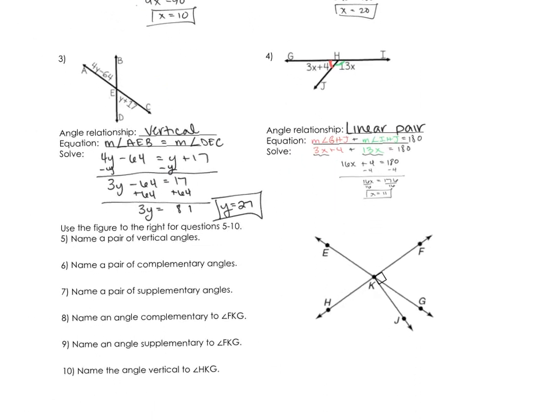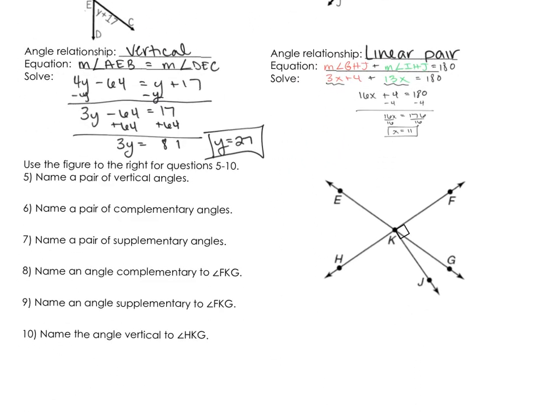Okay, and this last chunk of problems on here, you are using this diagram right over here that looks pretty complicated. It's got a lot of angles happening. So you are going to name some different angle relationships. So this part I want to go over together the next time that we're in class.